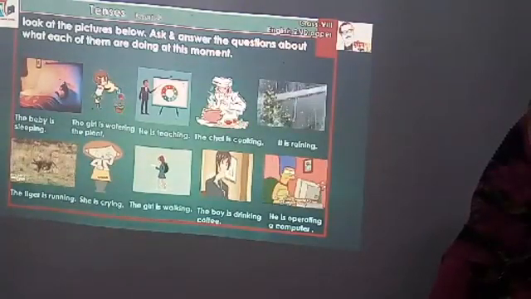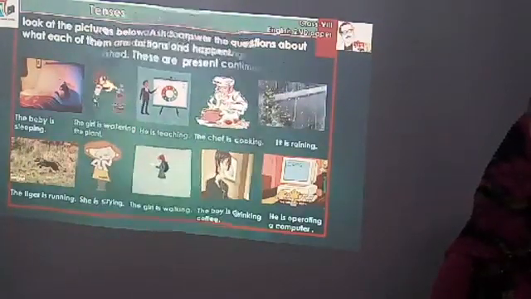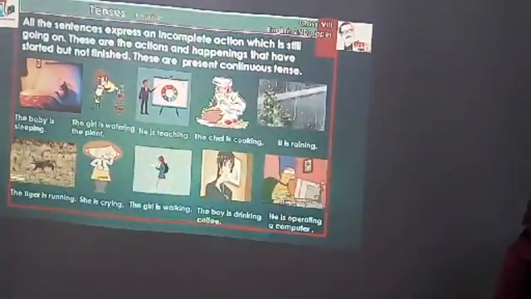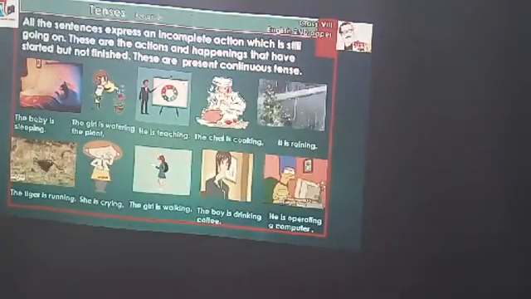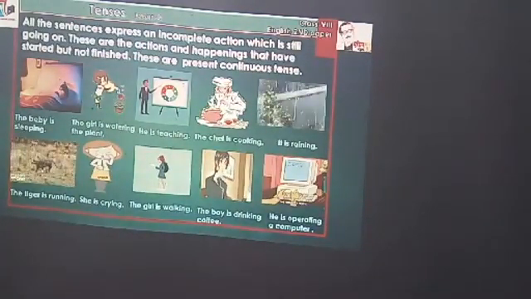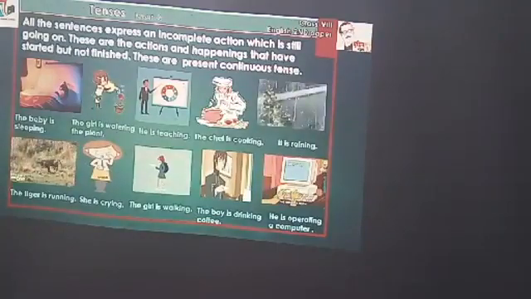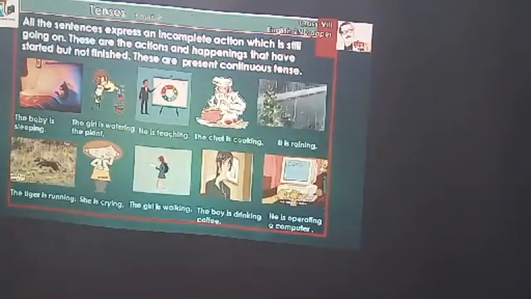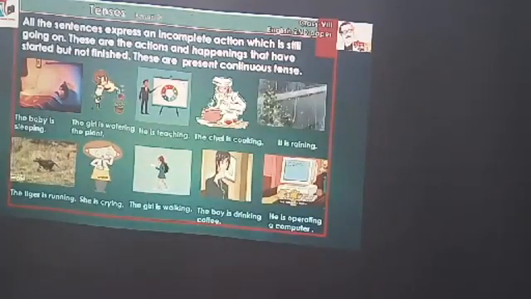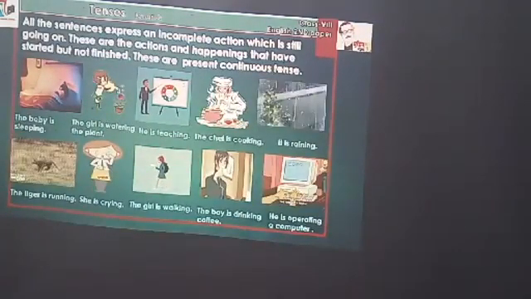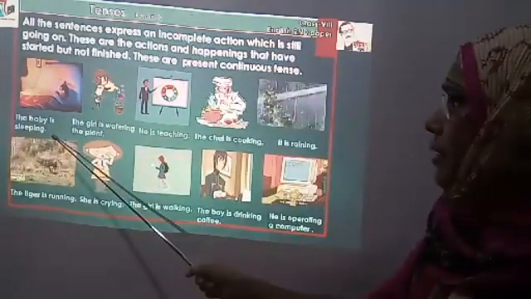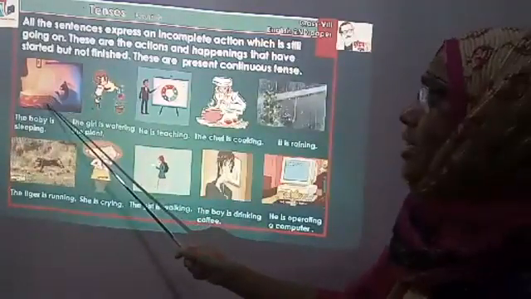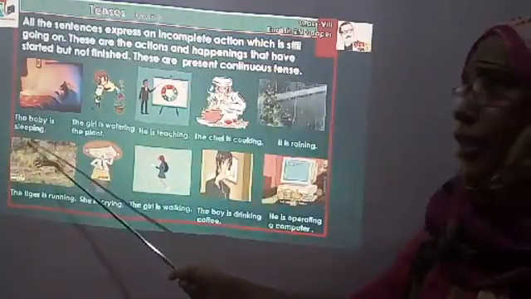So dear students, all the sentences express an incomplete action which is still going on. These are the actions and happenings that have started but not finished. Think about the baby is sleeping. The action started but not finished. It is continuing.